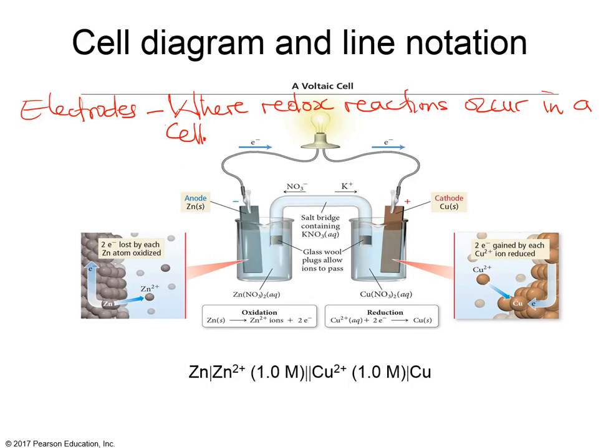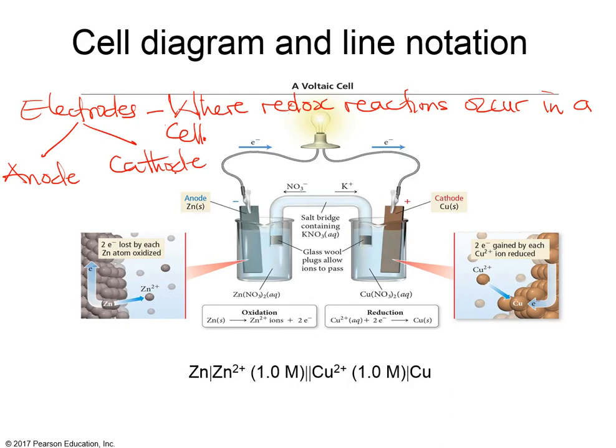You can have two types of electrodes, or you can have a single type of electrode. So when we talk about electrodes in this case, we have anode and cathode. These are two examples of electrodes.